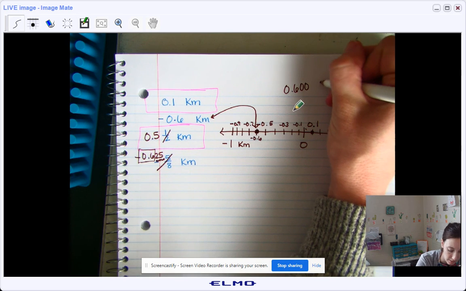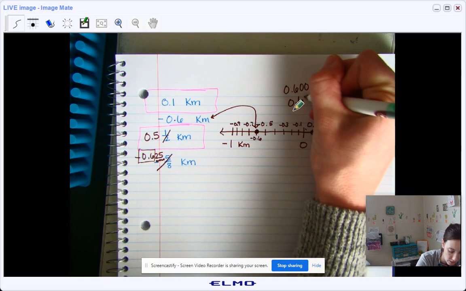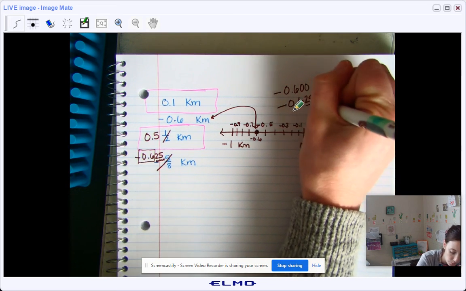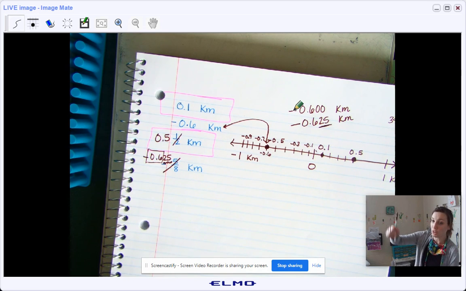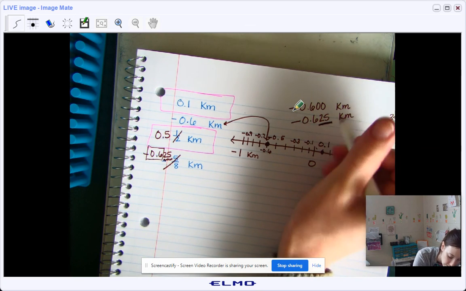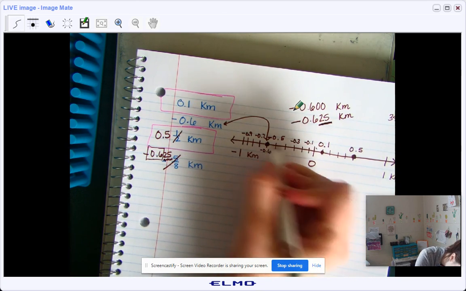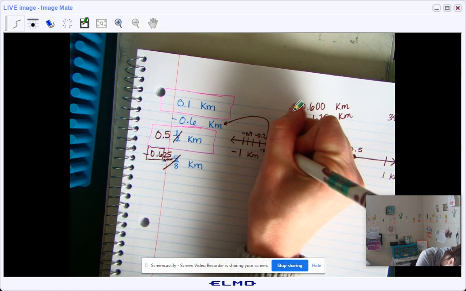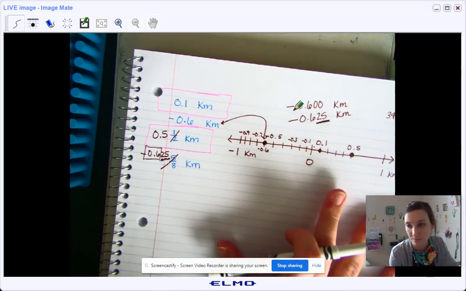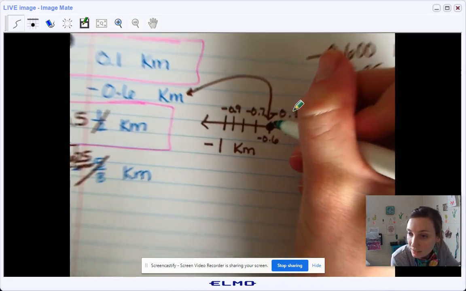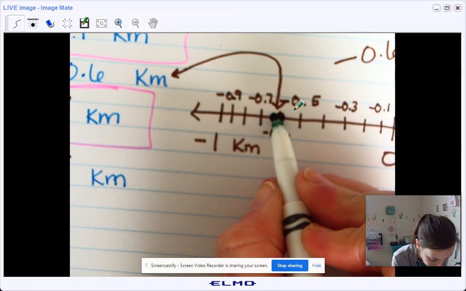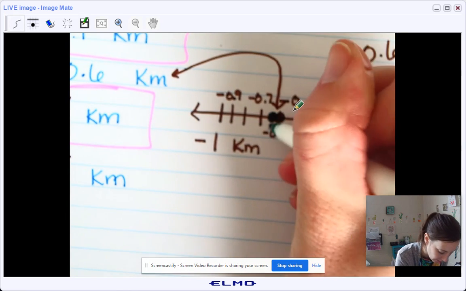Yes, 600 thousandths kilometers compared to 625 thousandths kilometers. Whoops, and these are negative. This person is a little bit further down. They have moved 25 thousandths towards the 7. So if 0.6 is right here, then 0.625, I should have made this bigger, is like right here. Because it's about a quarter of the way to 7/10.